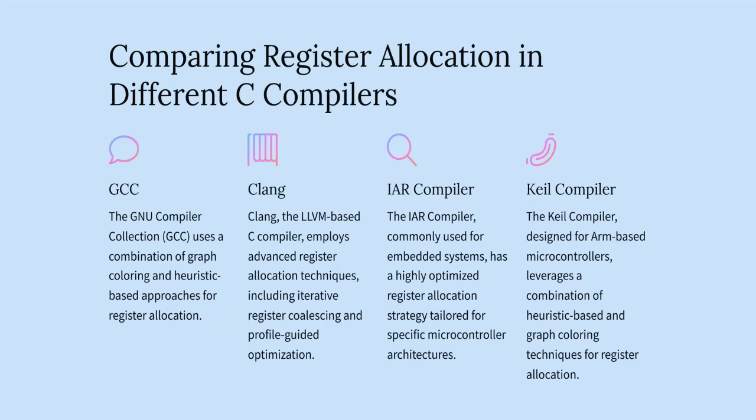The Clang compiler employs advanced register allocation techniques, including iterative register coalescing and profile guided optimization. The IAR compiler, commonly used for embedded systems, has a highly optimized register allocation strategy tailored for specific microcontroller architecture. The Keil compiler, designed for ARM-based microcontrollers, leverages a combination of heuristic-based and graph coloring techniques for register allocation.